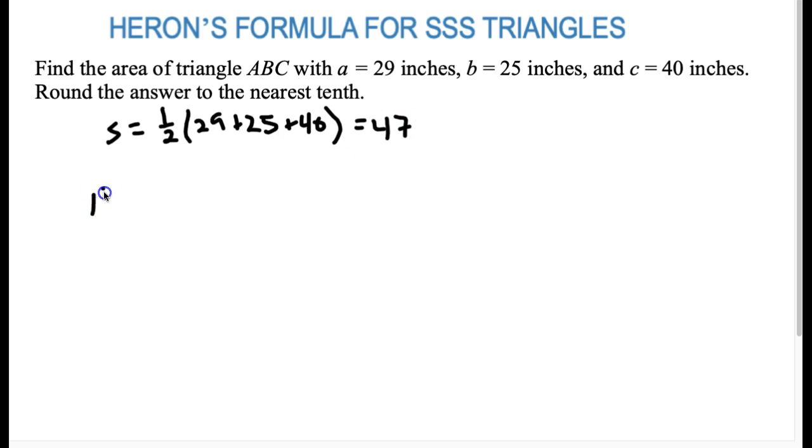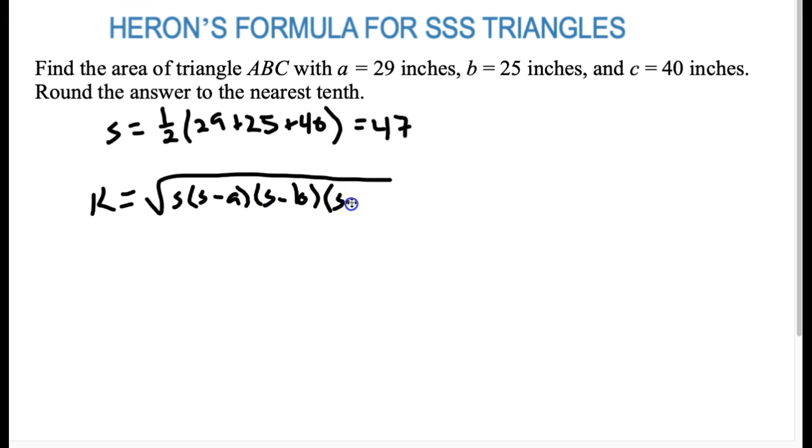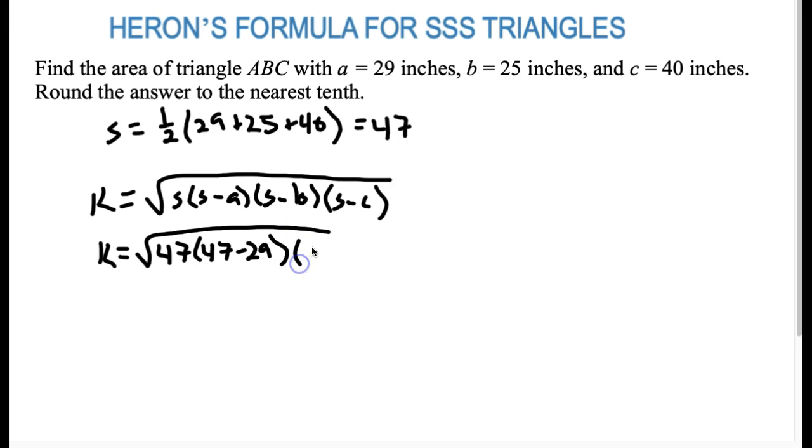So now, in our area formula, the square root of s times s minus a times s minus b times s minus c. We just plug our values in here. So the square root of 47 times 47 minus 29 times 47 minus 25 times 47 minus 40.